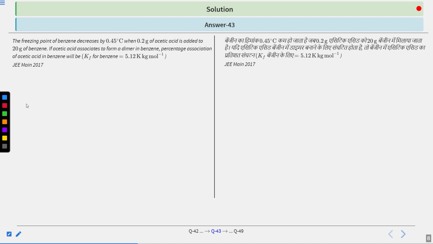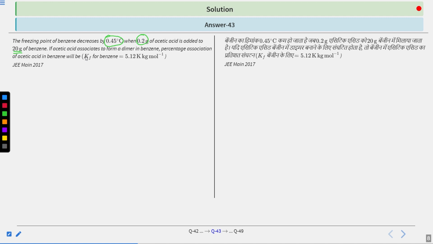Now in this question, it is said that the depression in freezing point value is 0.45 degrees Celsius. So the freezing point decreases by 0.45 degrees Celsius when we add 0.2 gram of acetic acid to 20 gram of benzene.